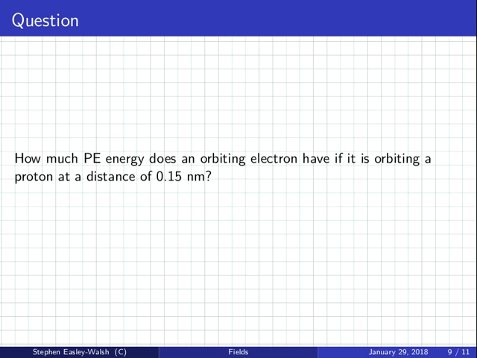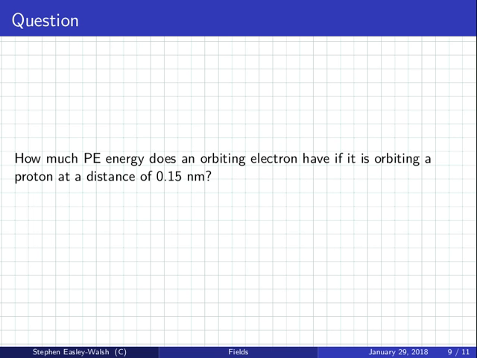Because it's a small energy, what would be an appropriate unit to use? If the energy is very small, electron volts. If the energy is really small, it's appropriate to use electron volts.